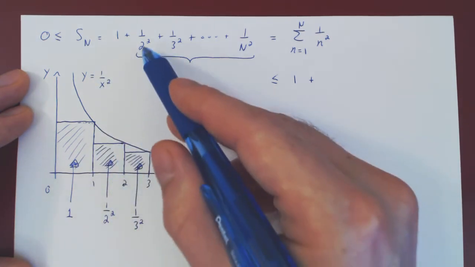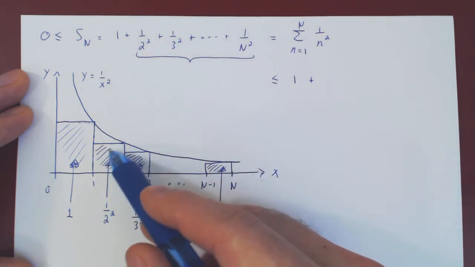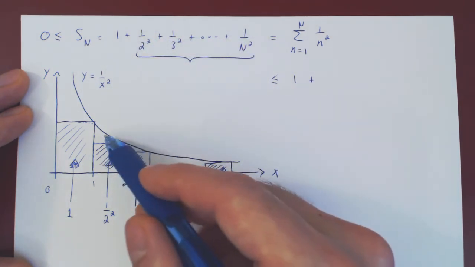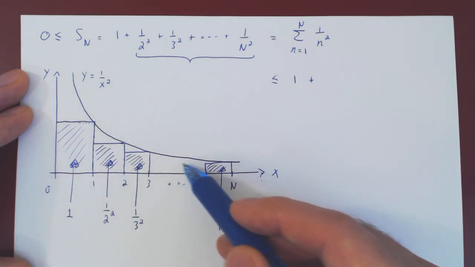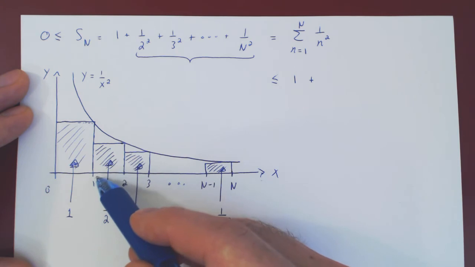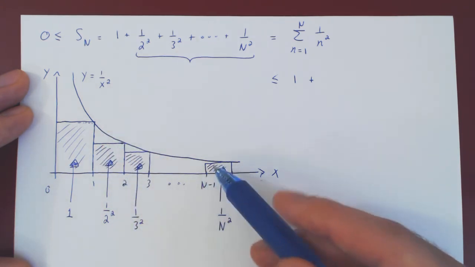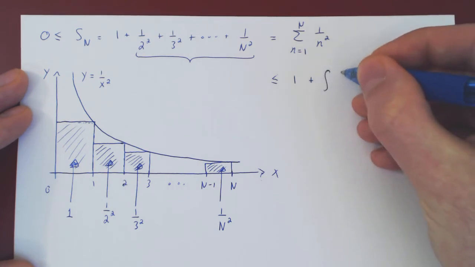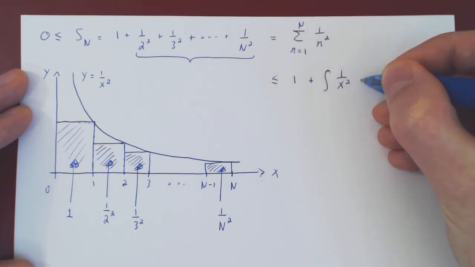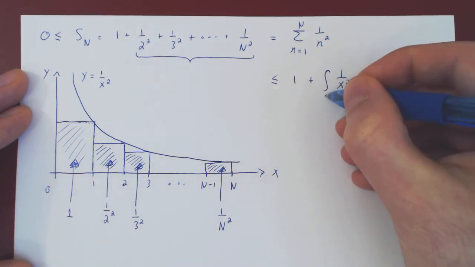And so you see, this sum is now the total area of these rectangles. And we can see this will be less than the exact area below 1 over x squared, starting at 1 and ending at n. But this is exactly the definite integral of 1 over x squared from 1 to n.